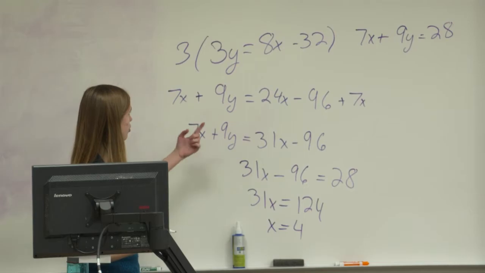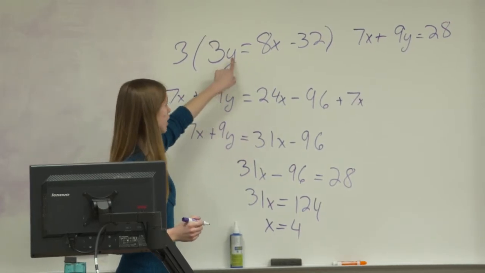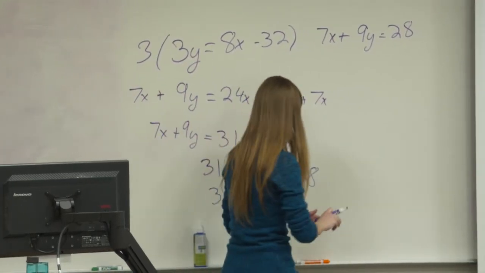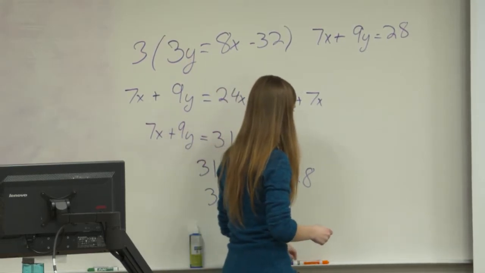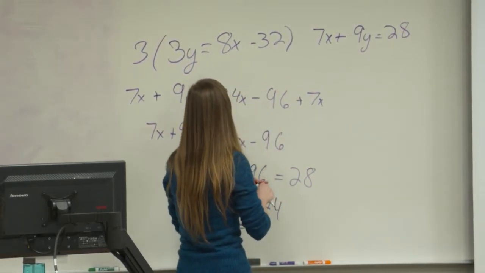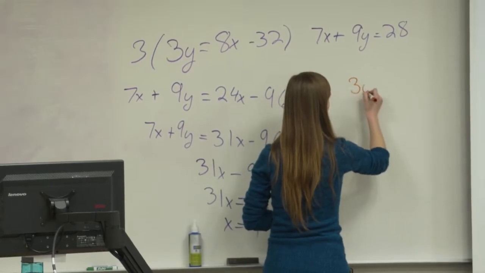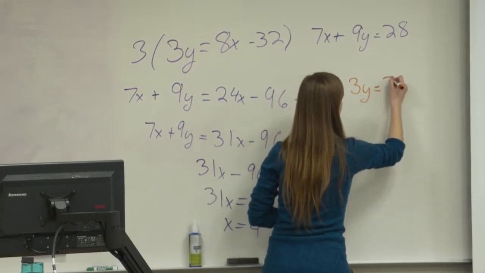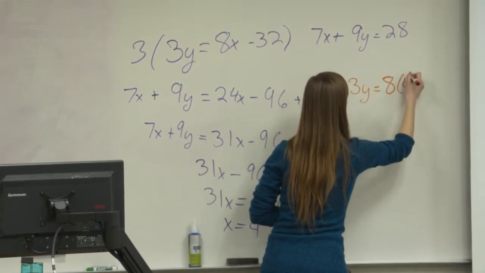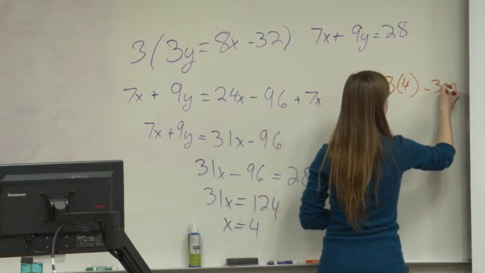Now we go back to the original equation here to figure out y. I'm going to switch colors for the sake of seeing. So we have 3y equals 8 times 4 minus 32.